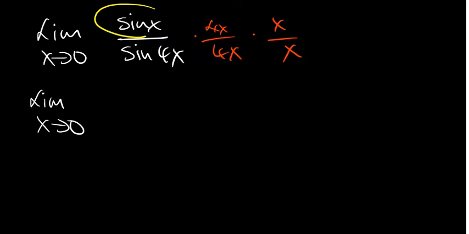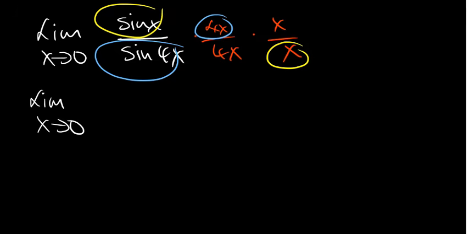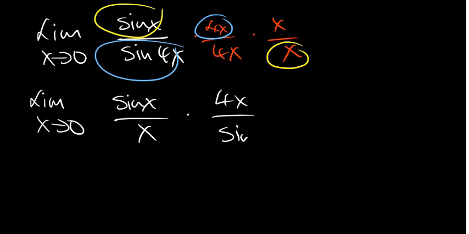So sine of x over x, and then I can group sine 4x with that. It doesn't matter what I start with, but I'll start with the one on top. So sine of x over x, and then multiply by 4x over sine 4x, and then the other part, what's remaining is x over 4x.